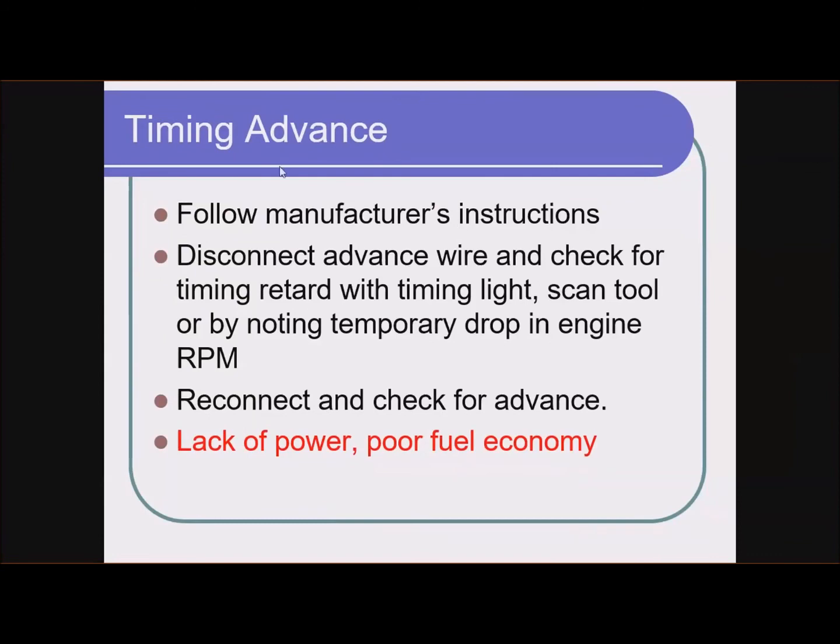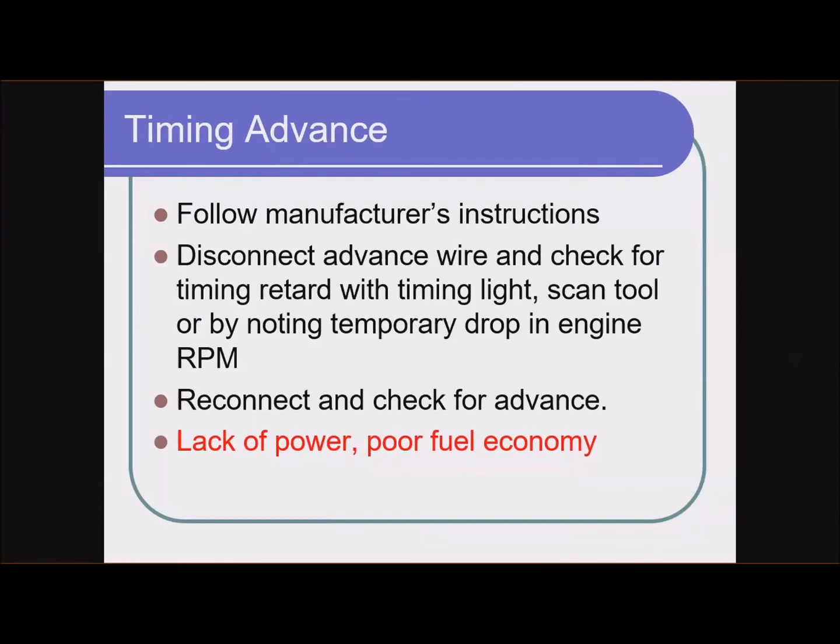Here's an example of a test that was, I guess, more useful in the past. Not so much now, but timing advance. Years ago, and so if you're working on an older car, this might still apply. Especially, this was on distributor cars mostly.